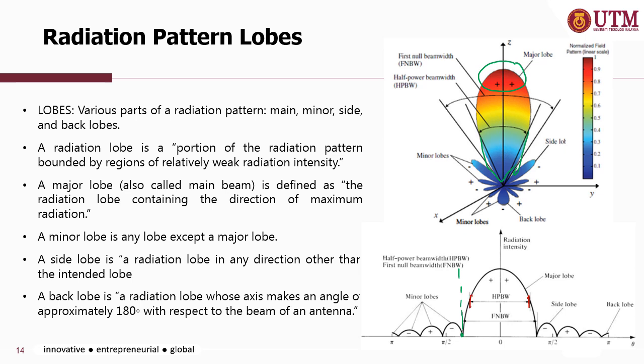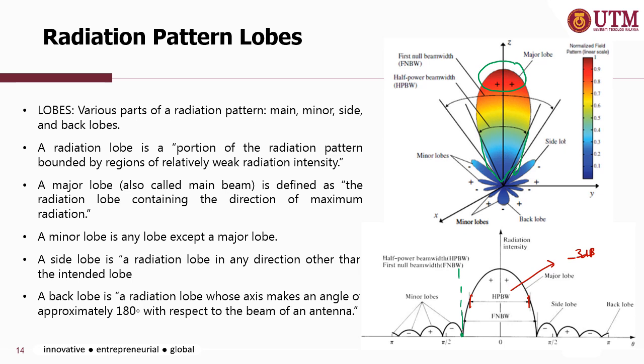Again, the half power beamwidth is represented by -3 dB, when the power is reduced by 50% from its maximum value, and the side loops can be seen on the right and on the left hand side.